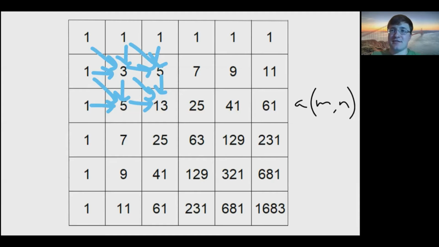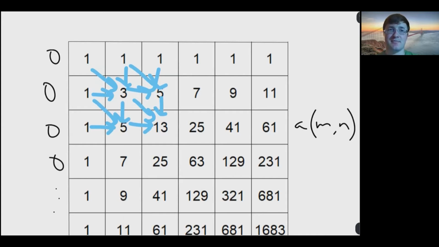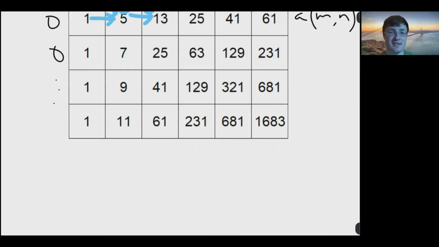First of all, we can think of all the entries out here as being zeros to make the recursion work even for the ones up top and on the side. Our recursion says that A(M,N) comes from adding the entries to the left, up, and diagonally up and to the left.